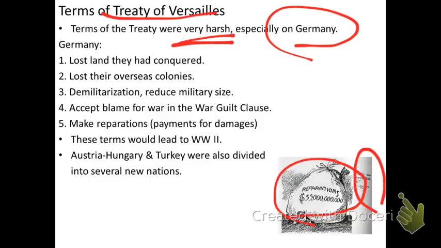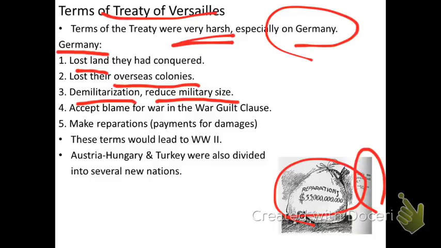Now here are some of the aspects of the treaty, which of course cost Germany. Number one, again, we're looking at Germany only right now. They had lost land that they had conquered, of course. They lost their overseas colonies. They were demilitarized, which means that their military was reduced in size, gutted really.